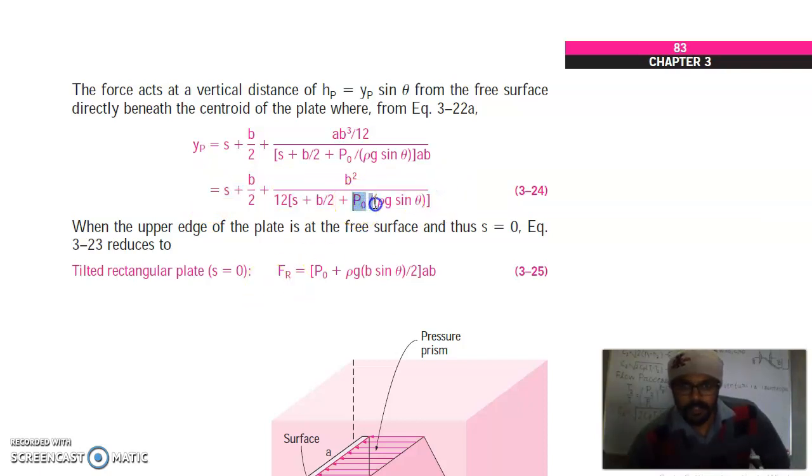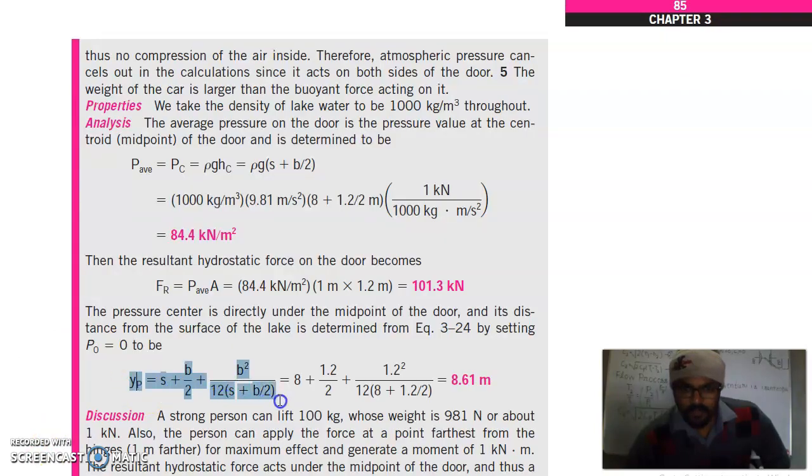Put P naught as 0, and you will get the remaining value. So Y_p, after solving, is 8.61 meter, which means the pressure center is 8.6 meter below the surface.